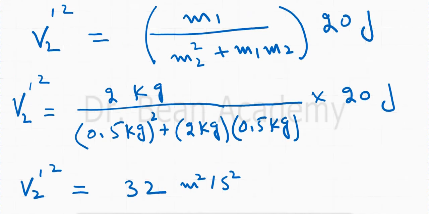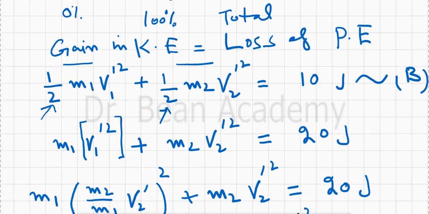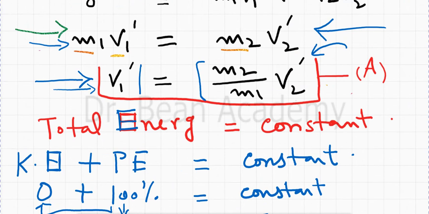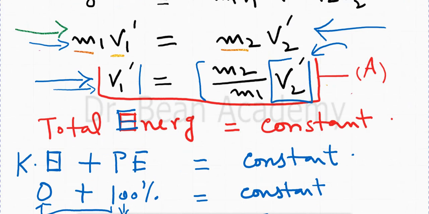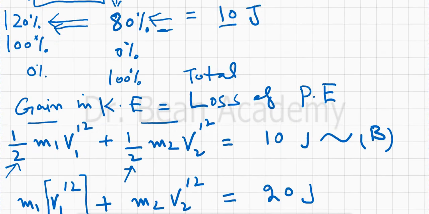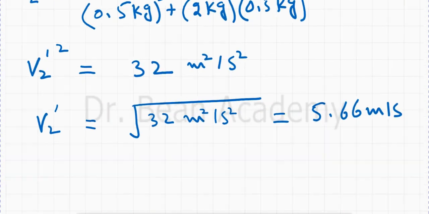So now the next step is easy. We can find the value of v1 prime easily just by putting the value of v2 prime, because if we put the value of v2 prime here and we already know the masses m2 and m1, we will just get the v1 prime value. So let me write v1 prime.